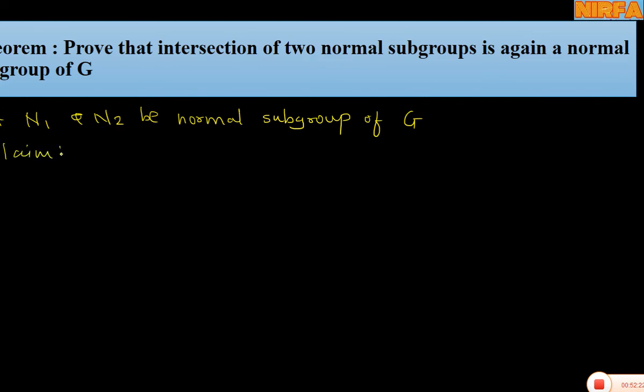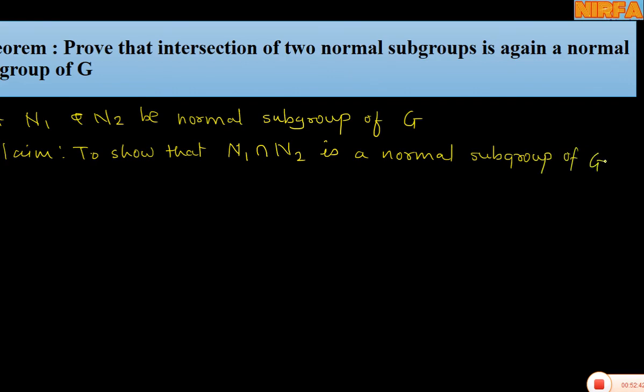The claim is to show that the intersection of these two subgroups, that is N1 intersection N2, is a normal subgroup of G. We know that whoever wants to become a normal subgroup must be a subgroup of G. So first we have to show that N1 intersection N2 is a subgroup of G.